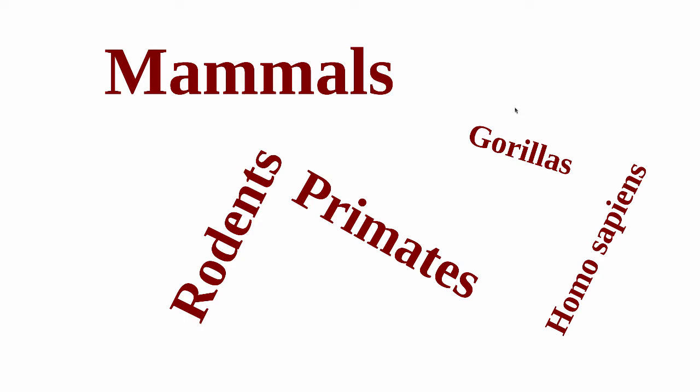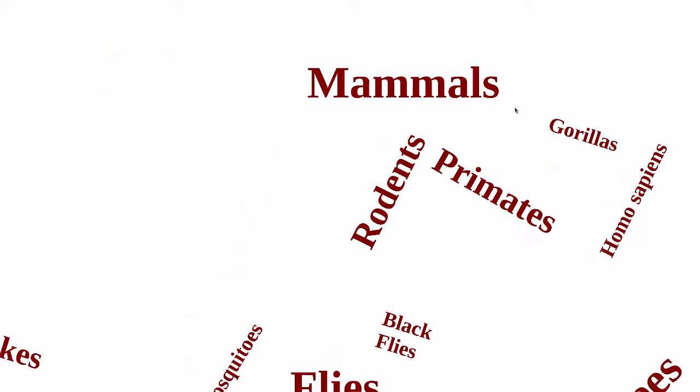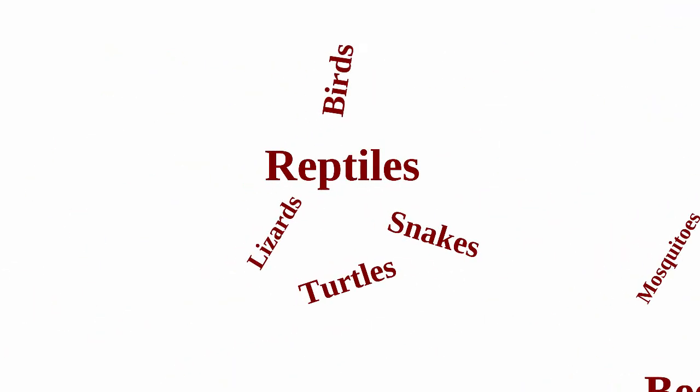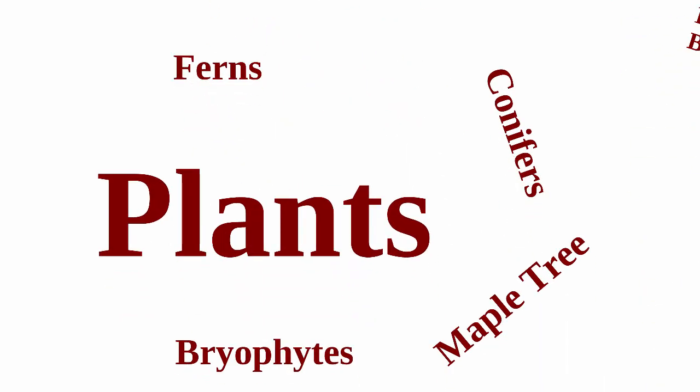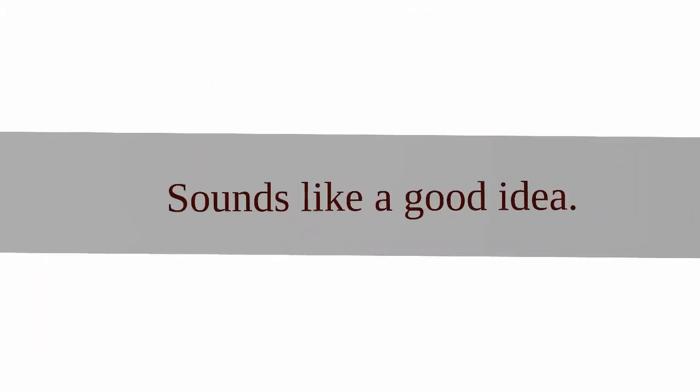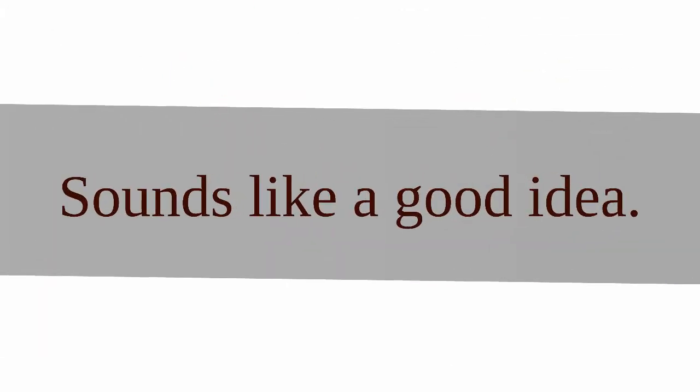It makes it easier to remember it, and most importantly, it helps us see the relationships among living things, which is what the diversity section of this course will focus on. So it sounds like a good idea.